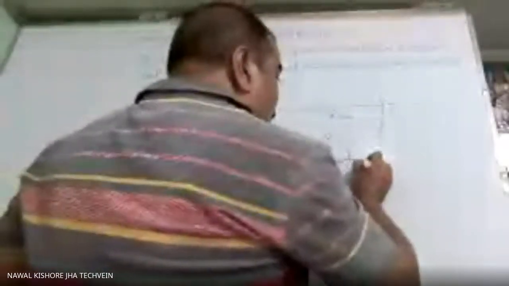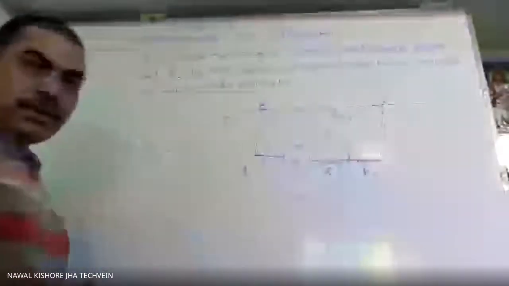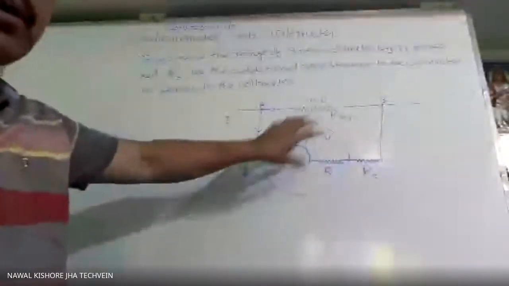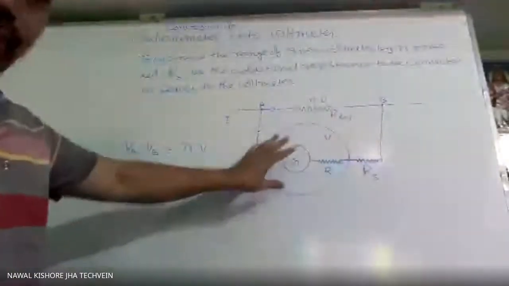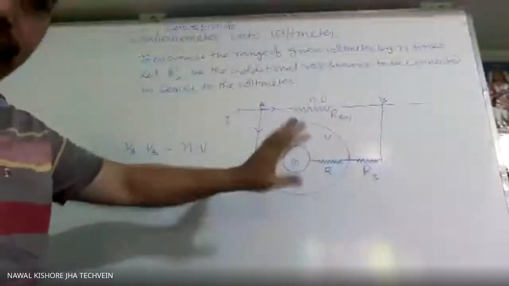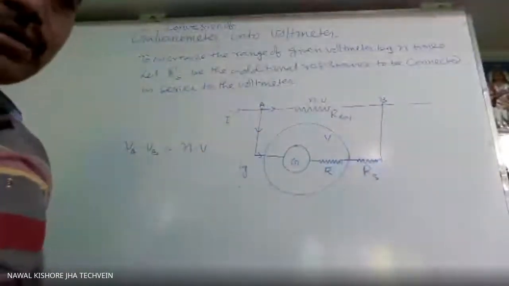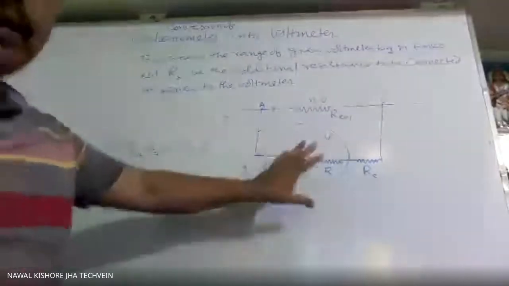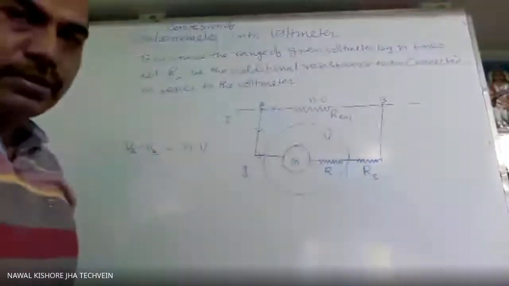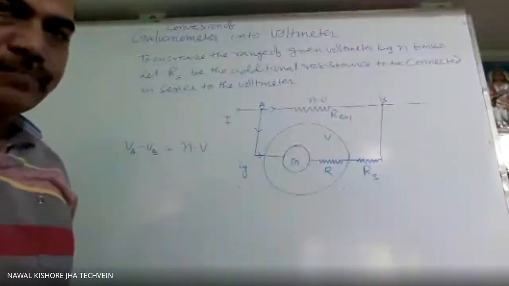We will connect one additional resistance here. This is RS. So this is the original voltmeter, which is supplied by the manufacturer. We are not going to change anything internally. We can't change the internal circuit.